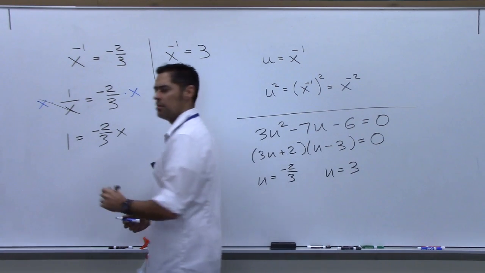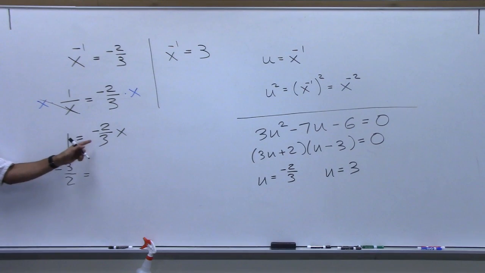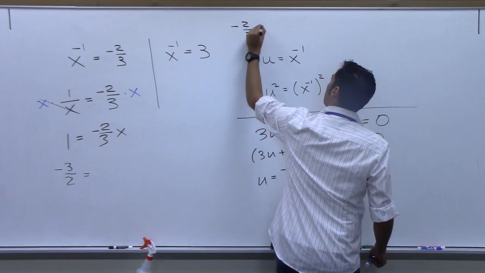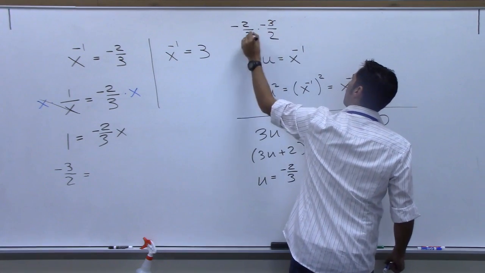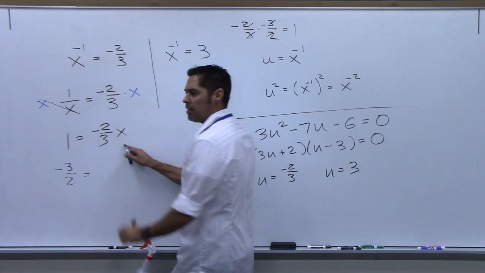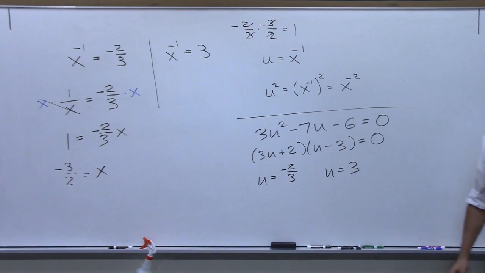Negative 3/2. Multiply negative 2/3 times negative 3/2. That's 1, right? So that's just going to give you 1 in front of x. So x. That's one way to do it.